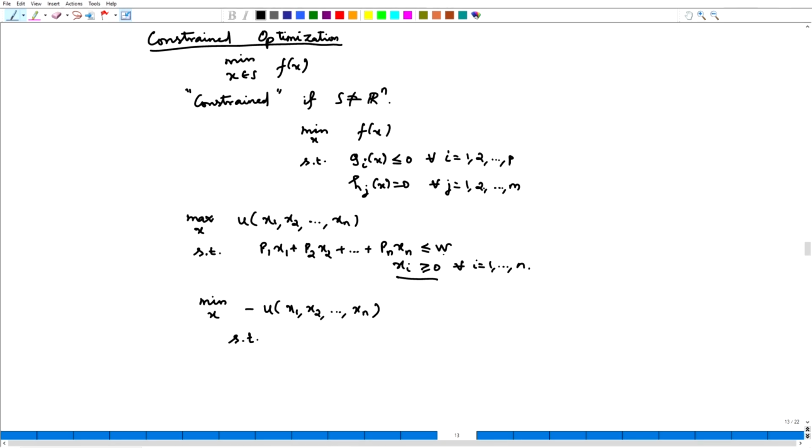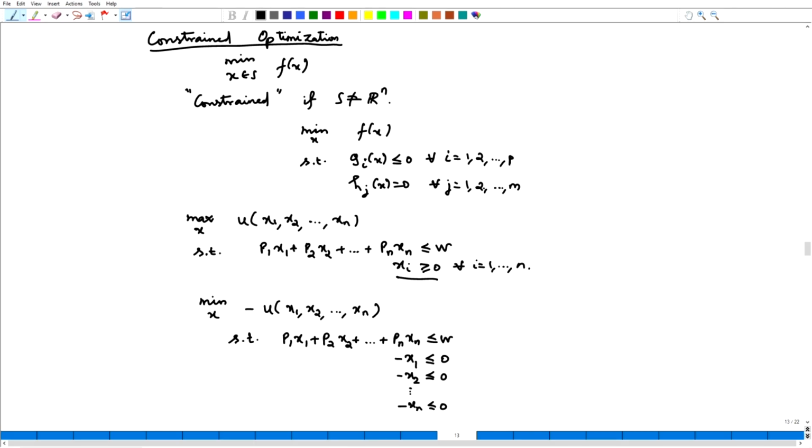The first constraint is fine, I only have a less than or equal to constraint: p1 x1 plus p2 x2 plus ... plus pn xn less than or equal to w. And here you have n constraints. I will write them as minus x1 less than or equal to 0, minus x2 less than or equal to 0, ..., minus xn less than or equal to 0.